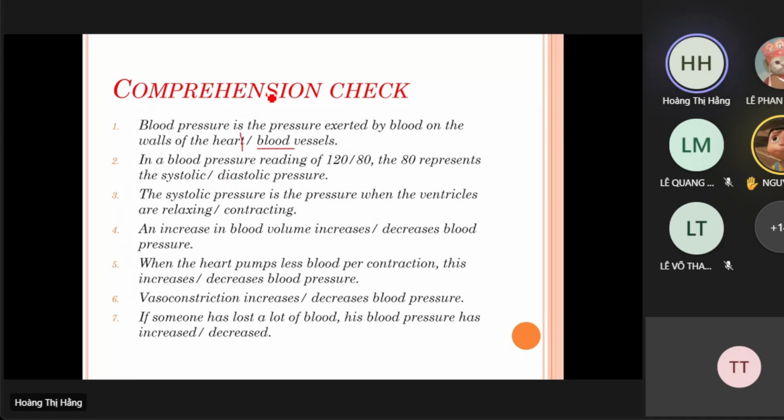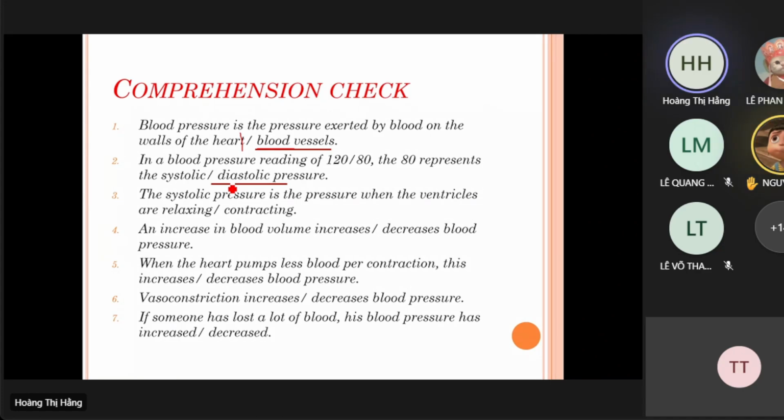Tiếp nào. Dạ, câu 2 chọn là diastolic. Dễ ha. Diastolic. The systolic pressure when ventricle. Dạ, câu 3 là contracting.